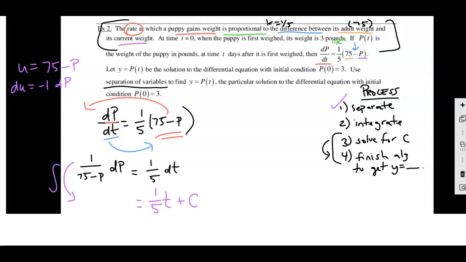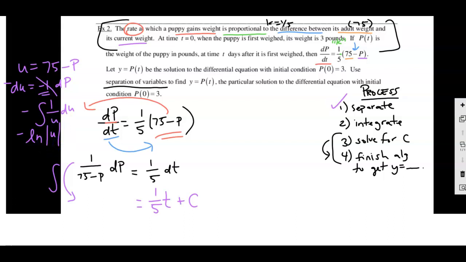Kick the dp over. So your u sub was supposed to have a negative right here. Since that negative is supposed to be there, but it's not, it just means my u sub would be off by that -1 constant. So this is what the integral would look like if we were to switch it over to being in terms of u, which we know will be negative ln of u.